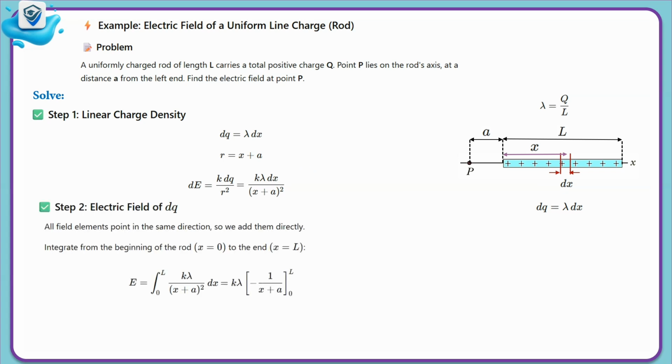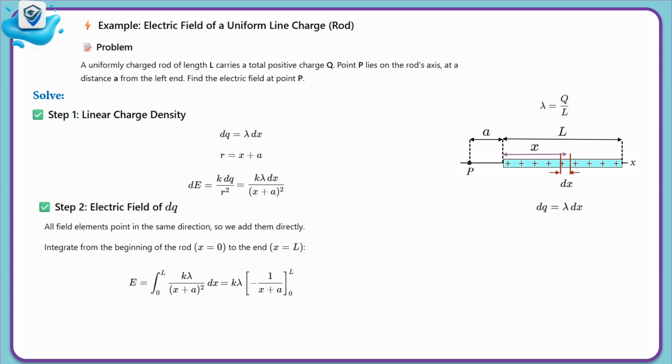Step 2. Since every small electric field points in the same direction, we simply add all of them by integration. Integrate from x equals 0 to x equals L. This is a very useful formula to memorize. Sometimes we simply have to memorize a few important equations.